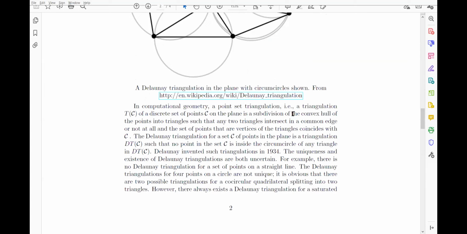A point set triangulation, T of C, of some discrete set of points C. So we have the circle centers that we're giving you, and we're going to somehow form triangles. And we're going to form them in such a way that the convex hull of the points is divided into triangles, such that any 2 triangles intersect in a common edge or not at all, and the set of points that are vertices of the triangles coincide with C.